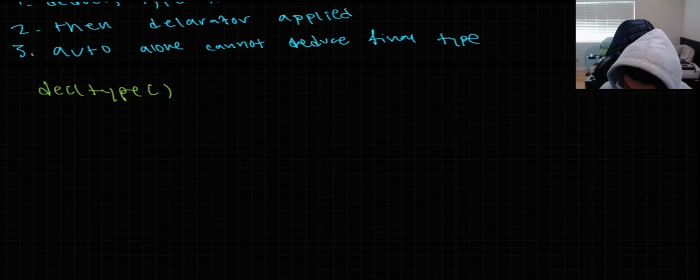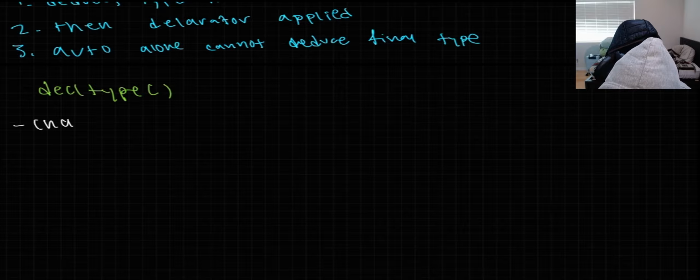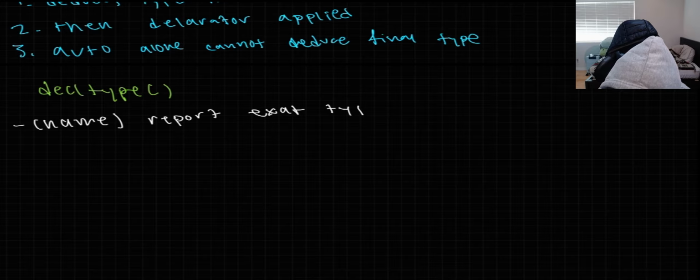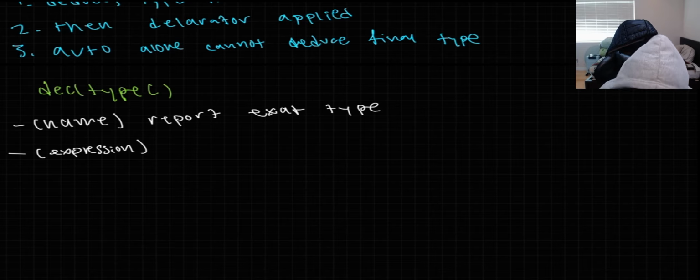Now, for a declare type, you can have the name inside the parentheses, which is the type name. And this will report the exact type. Then you can have an expression inside the parentheses. And this produces references.